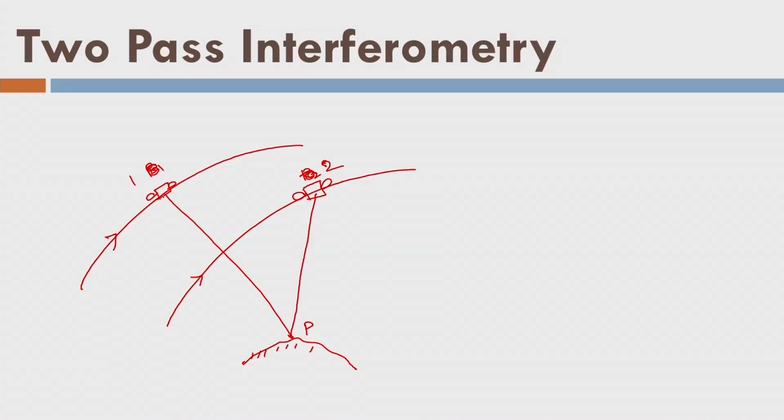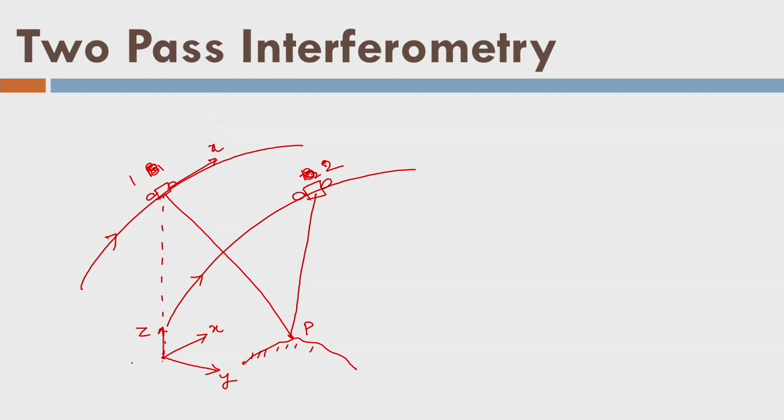Let us assume that there is another point and which has some reference frame here, x, y, z. This is z here, and this is x which is along the track direction here. This is x and this is y.